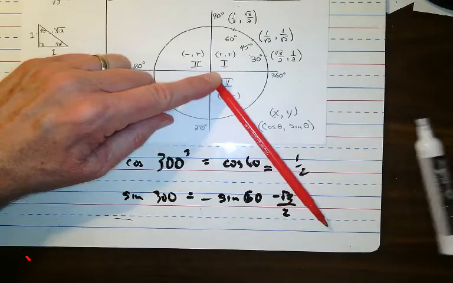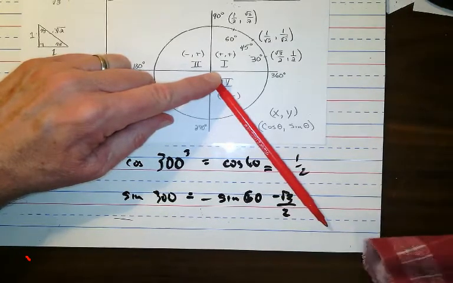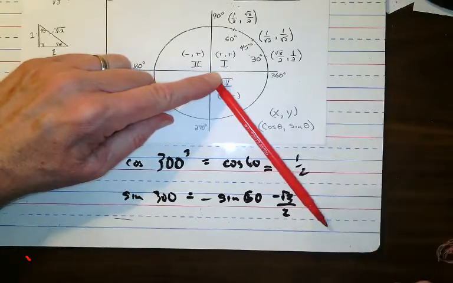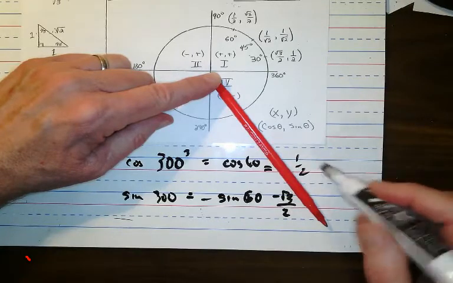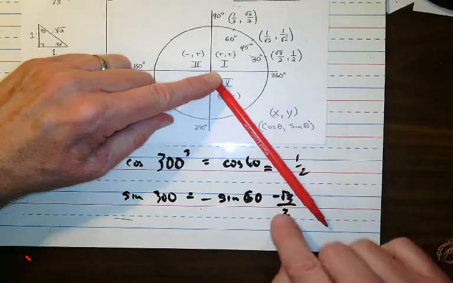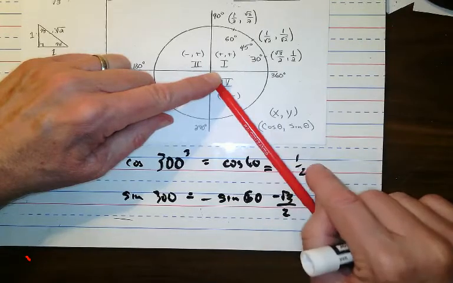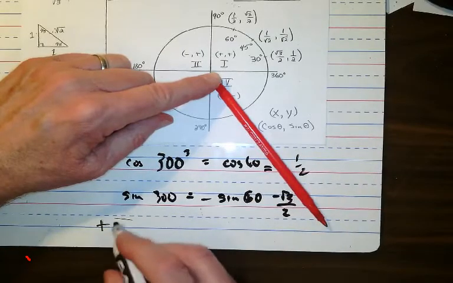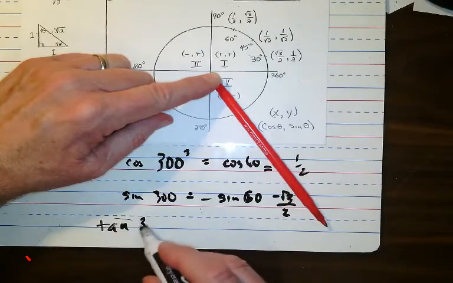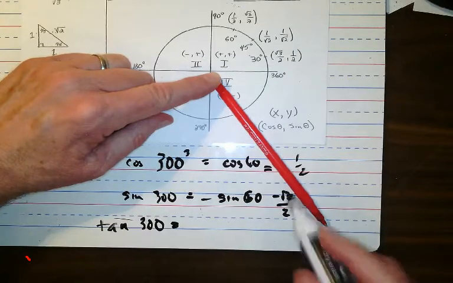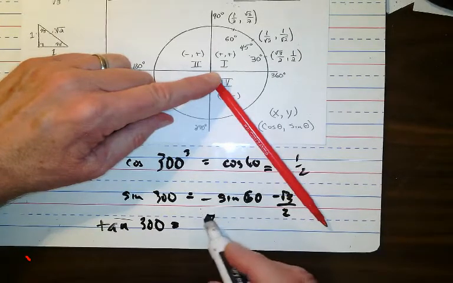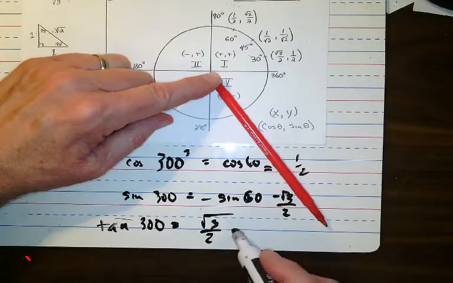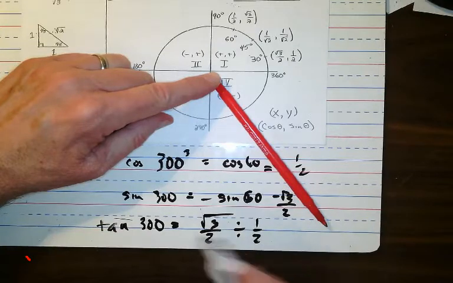Now, if you needed to know the tangent, it's always the sine divided by the cosine. So the tangent of 300 would be square root of 3 over 2 divided by 1/2, right?